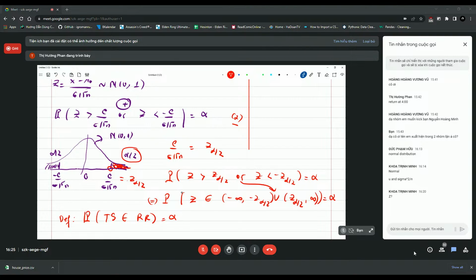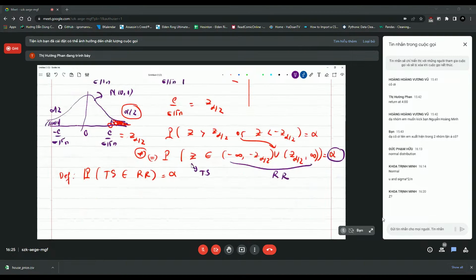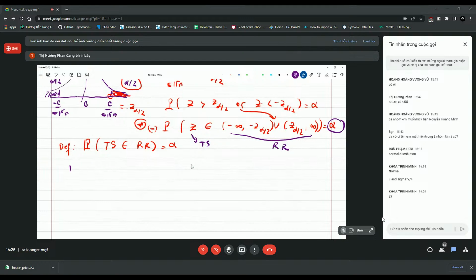Now comparing equation star and the definition, can you recognize it? The test statistic belonging to the rejected regions has probability alpha. So from the last equation, we can identify that the test statistic is Z equals X bar minus mu 0 over sigma square root of n. I identify that the value of Z is the test statistic value because this quantity can be calculated totally based on the sample data.